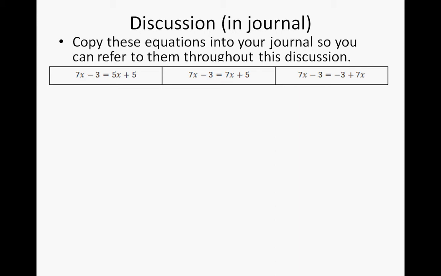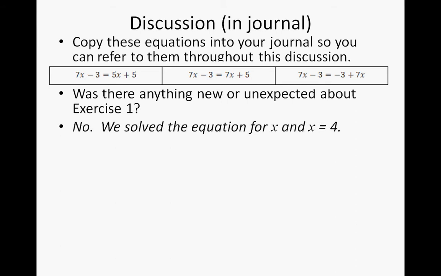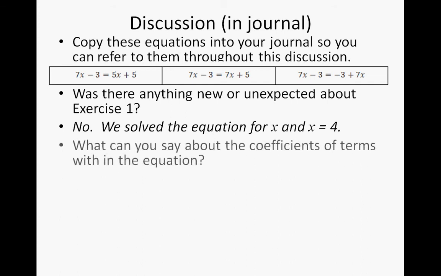Alright, when you've done that, was there anything new or unexpected about exercise 1? So, did you figure you were going to come up with one solution or not? No, we solved the equation for x and x equals 4, so that's what you would generally expect to happen. So what can you say about the coefficients of terms within the equation?